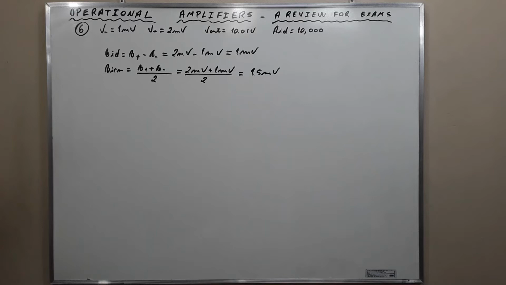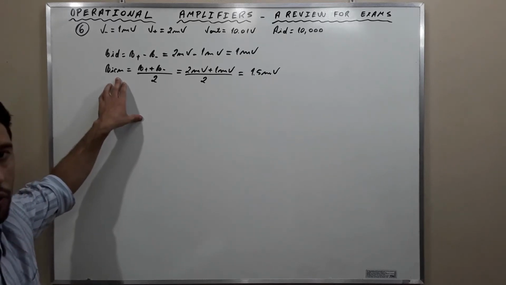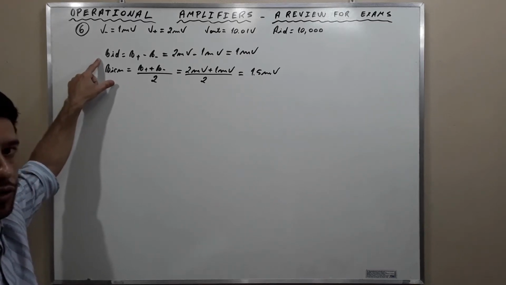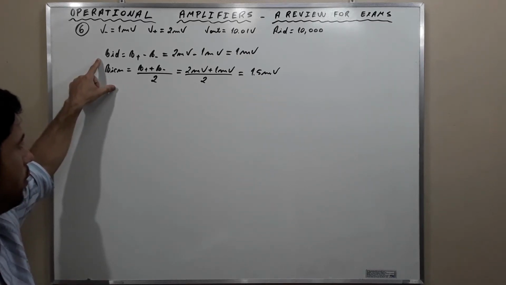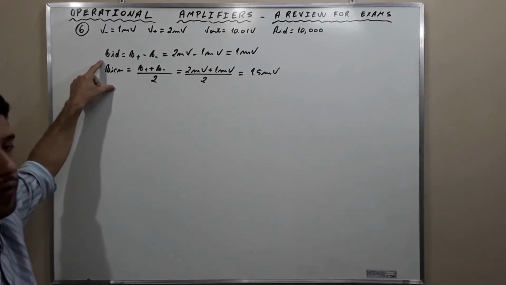For a real, in other words, non-ideal op-amp, the output is given in terms of the differential and the common mode gains. Alright? We are not talking about ideal amplifiers anymore. For ideal amplifiers, we do not have the common mode signal, only the differential signal, okay? We do not have common mode amplification, only the differential amplification.